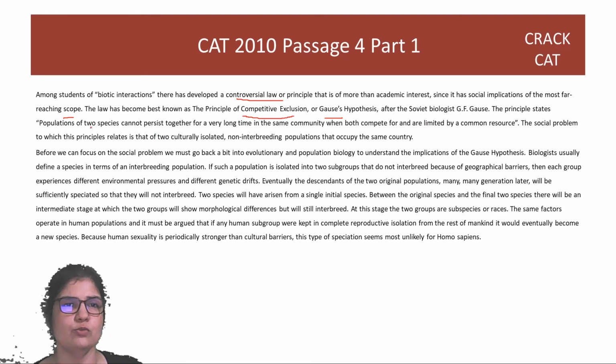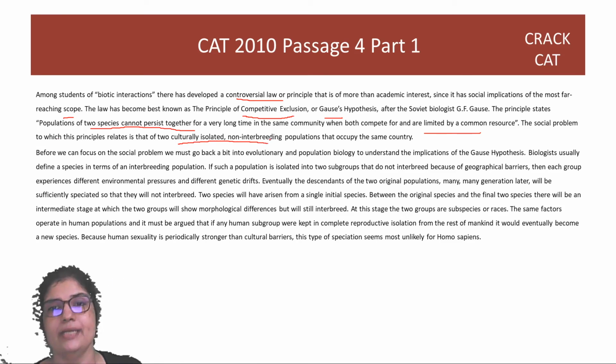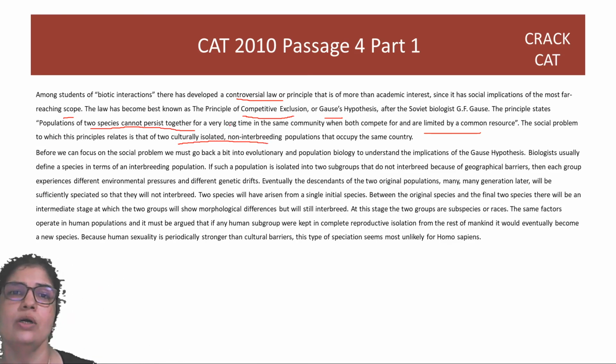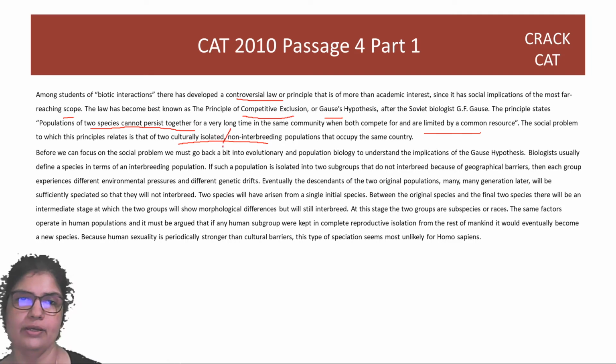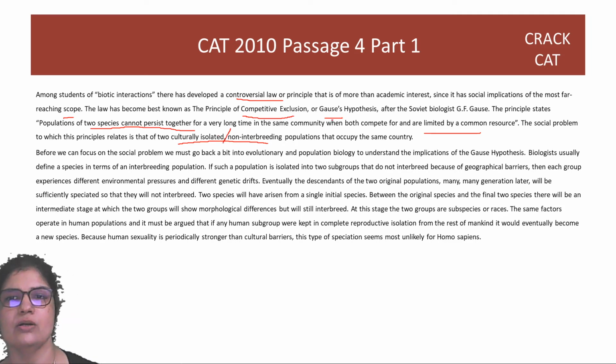That populations of two species cannot persist together when both compete for and are limited by a common resource. The social problem relates is that of two culturally isolated non-interbreeding populations. So if you have two culturally isolated non-interbreeding populations, then both cannot survive if they are competing for a common resource. Oof.